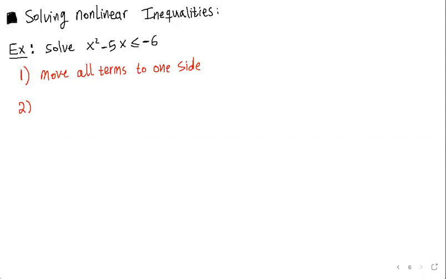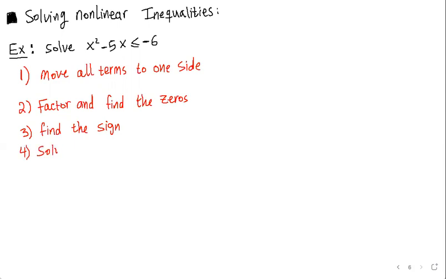Second step, we have to factor and find the zeros. Third step, find the sign. Fourth, solve. Okay, let's apply these steps to this inequality.